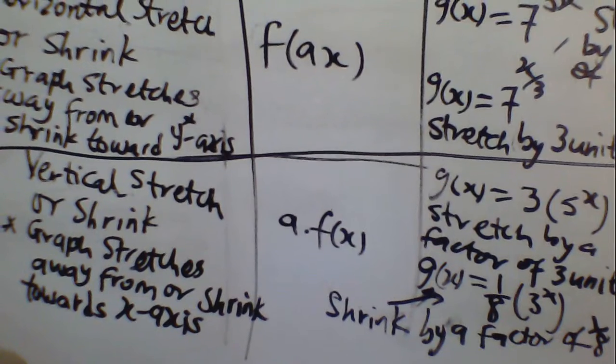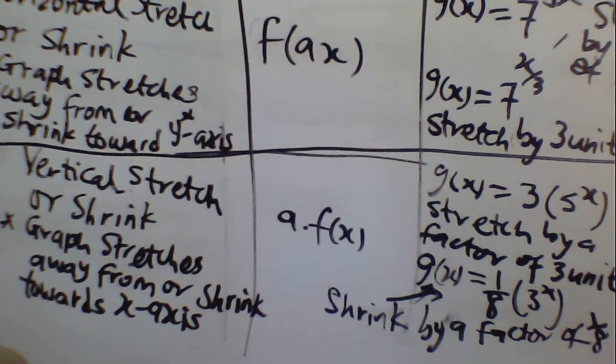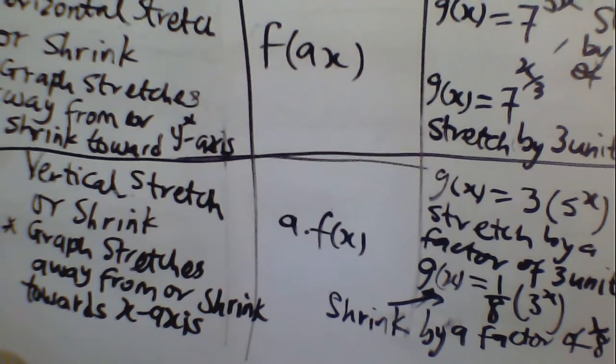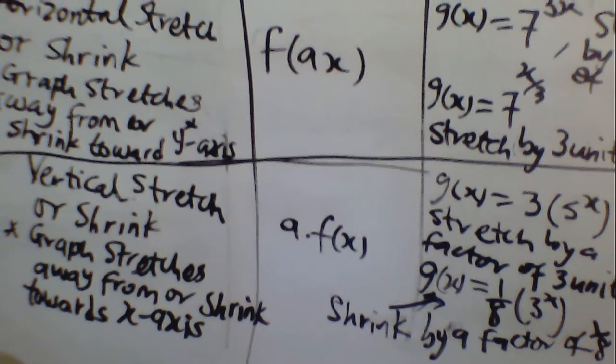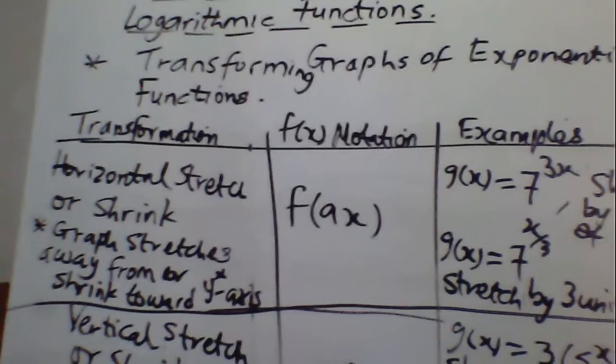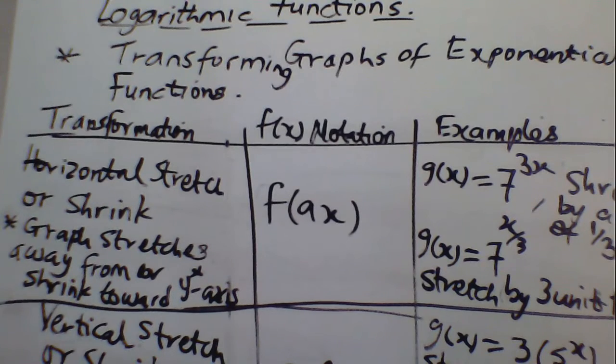So we have done horizontal translation, vertical translation, horizontal stretch and shrink, vertical stretch and shrink. So let's complete it with reflection, so that we go into examples of what we have to do. So the next is reflection.